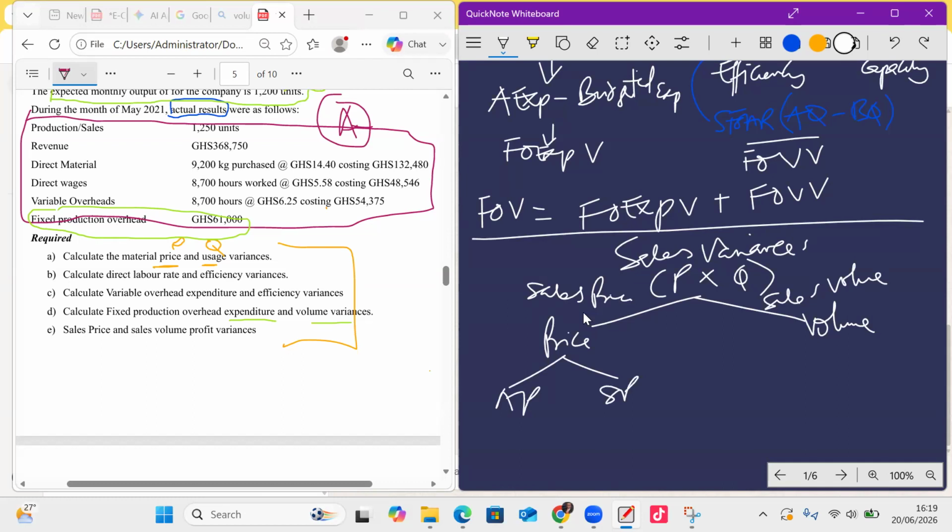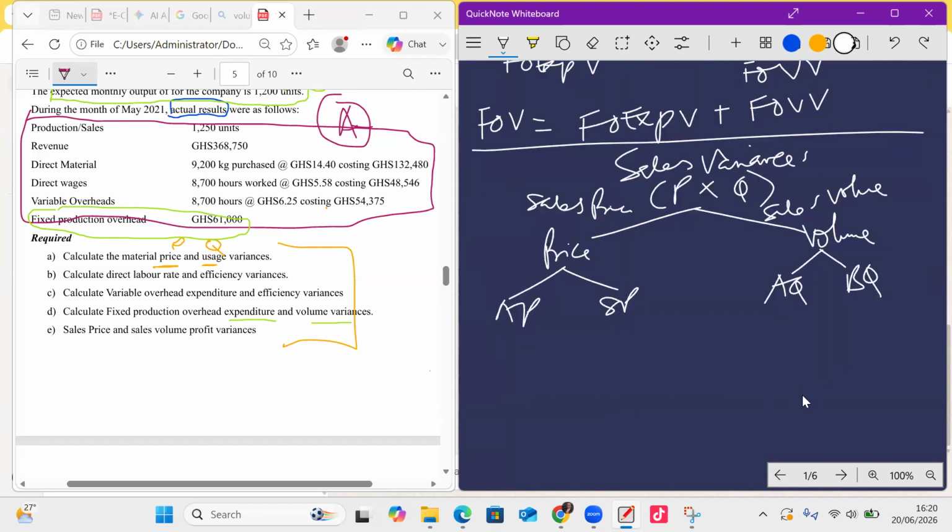We will say actual volume, budgeted volume, not standard volume. Then for the price we say actual price minus standard price, multiplied by the actual quantity.